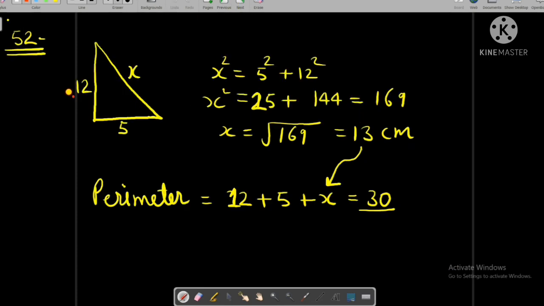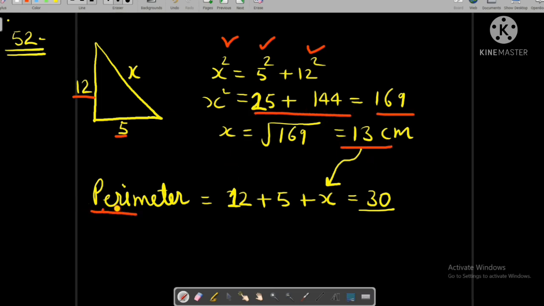Here a right triangle is given whose sides are 5 and 12 centimeter, and we know the Pythagoras theorem, according to which the square of the hypotenuse is equal to the sum of the square of the perpendicular and the square of the base. In this way you can get the value of x, that is 13 centimeter.